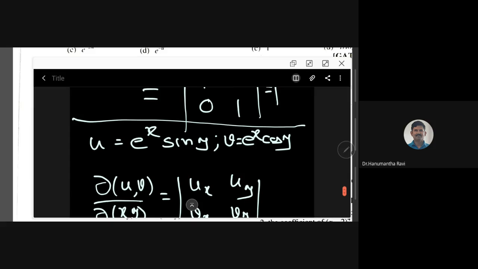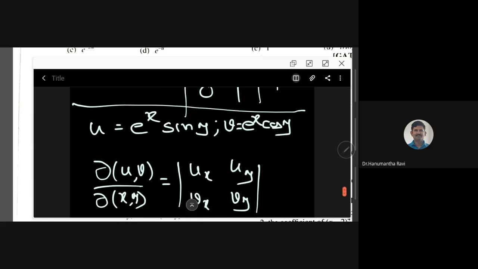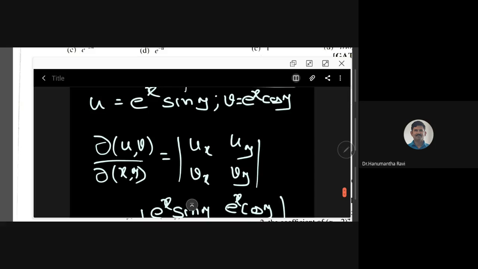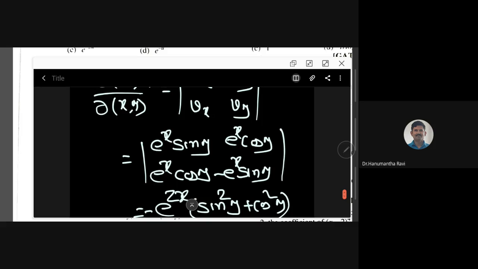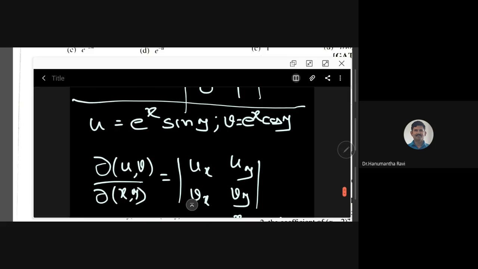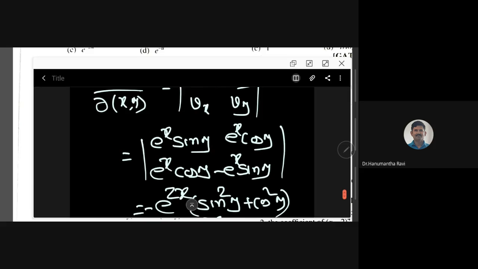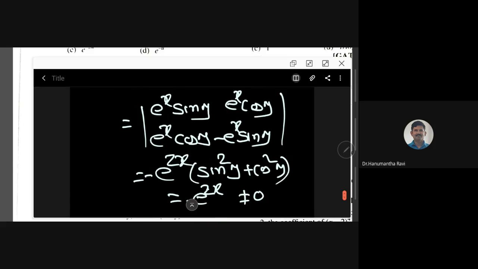E power x sin y, very good. E power x cos y, very good. Dou u dou x means e power x sin y. Dou u dou y e power x cos y. Dou v dou x e power x cos y. Dou v dou y minus e power x sin y.